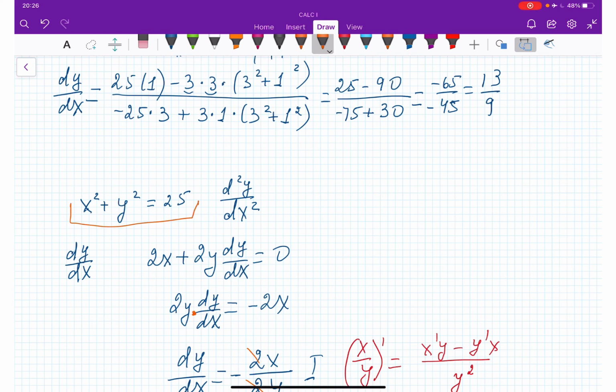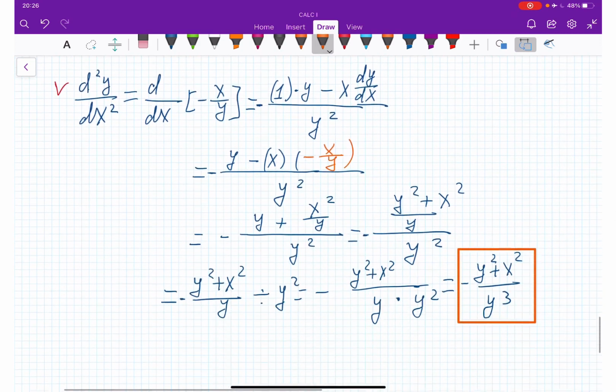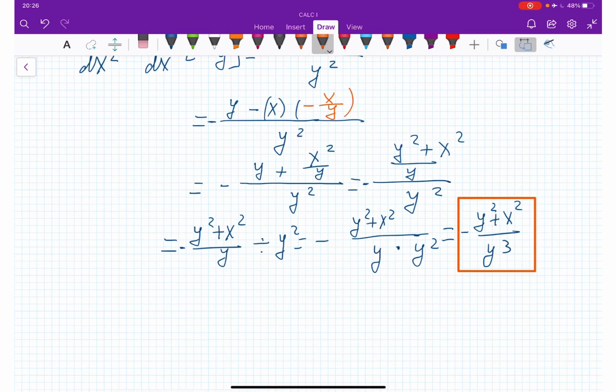Our original equation. And I have here at the very end y squared plus x squared, which is going to be 25. So I can write down that it is equal negative 25 over y cubed. And that will be the answer.